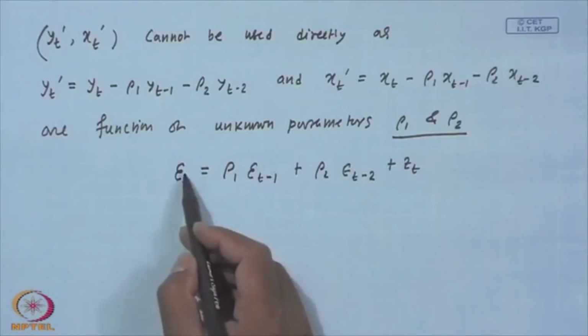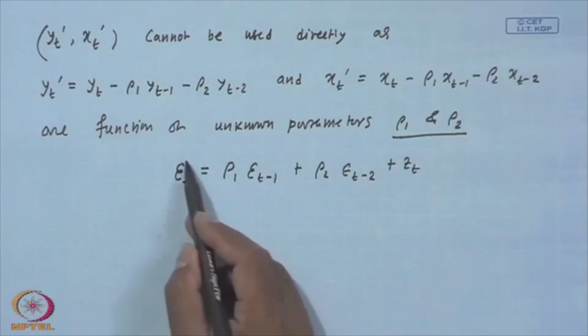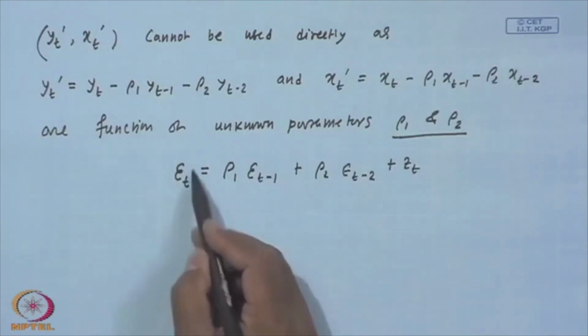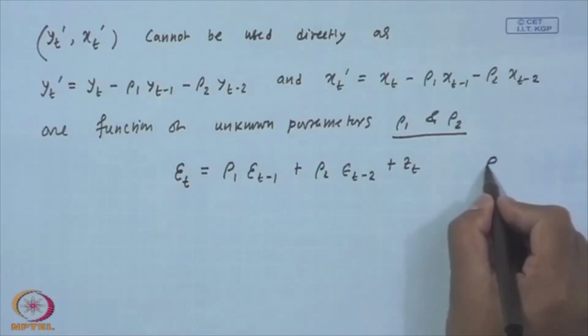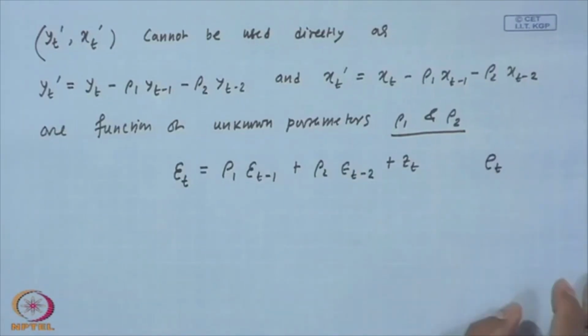You know that the observed value of epsilon t is the t-th residual e t. Okay.